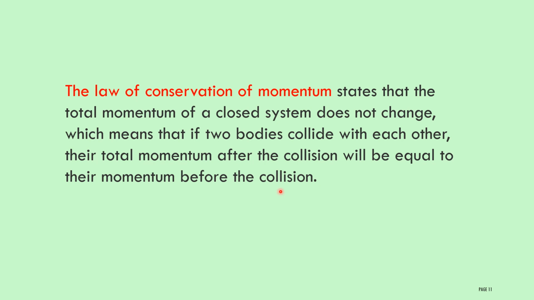The total momentum of a closed system always remains constant, it will not change. Which means if two bodies collide with each other, then their total momentum before the collision will be equal to the total momentum of the two bodies after the collision. That one is very important.